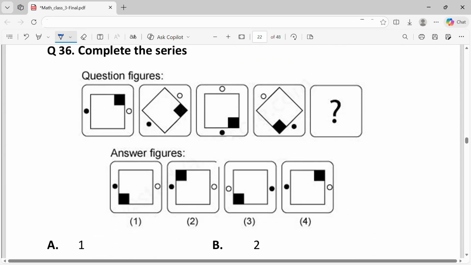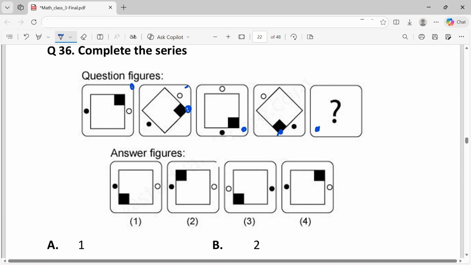Question 36. Complete the series. From the series, we can see that the pattern is rotating 45 degrees, first at the corner, then at the center, then at the bottom, then at the bottom center. So the next it will be at this corner.